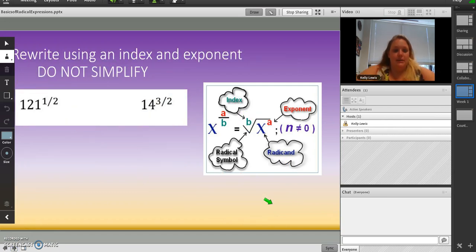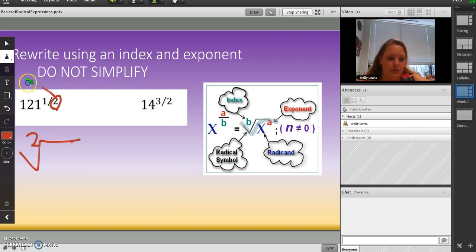All right, so here I want us to rewrite using our radical symbols. So 1/2, remember, the bottom number goes outside on the front. And so we're going to write the square root of 121. It says do not simplify, so we're not going to take the square root of 121, we'll just leave it alone.